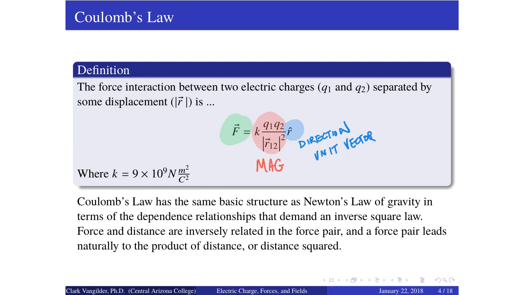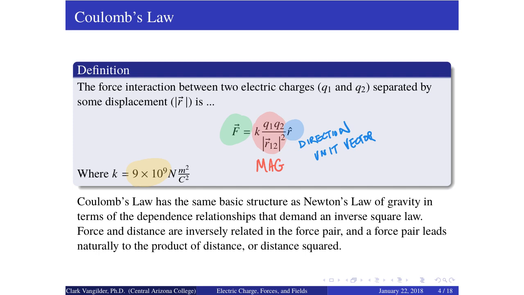So that's just the formal definition of Coulomb's law. Coulomb was some dude who worked this out. And this constant has a value of 9 times 10 to the 9th, 9 billion newton meter squared per coulomb squared. This is just a multiplier. And you might recall that the big G for Newton's law of gravity was 10 to the minus 11. Gravity is a very weak force. Electricity is an insanely strong force.